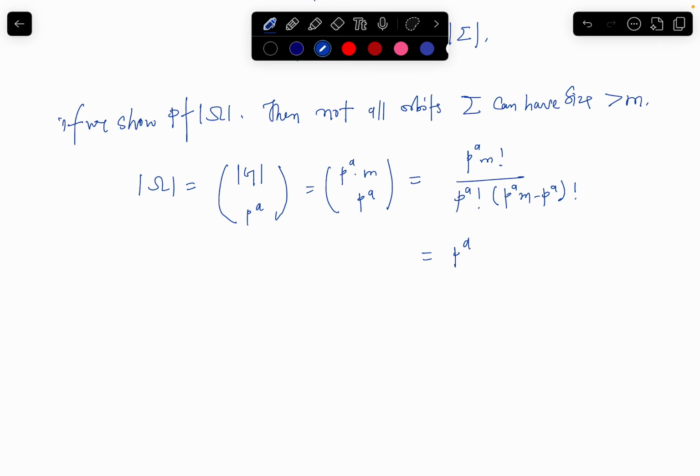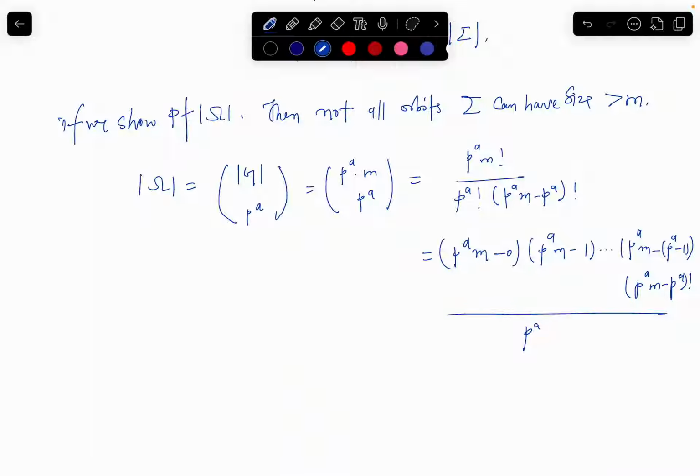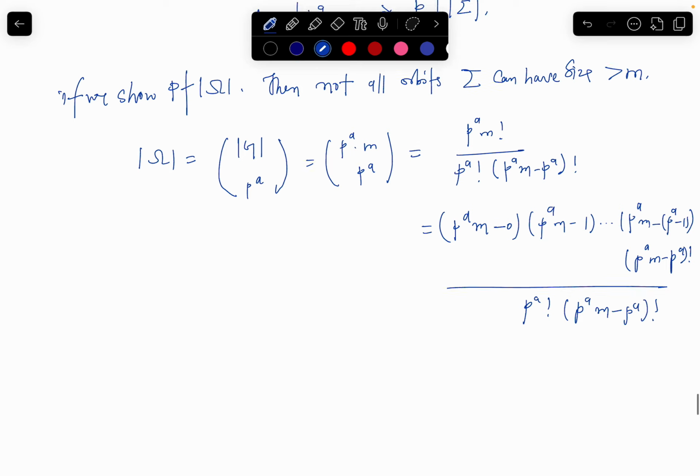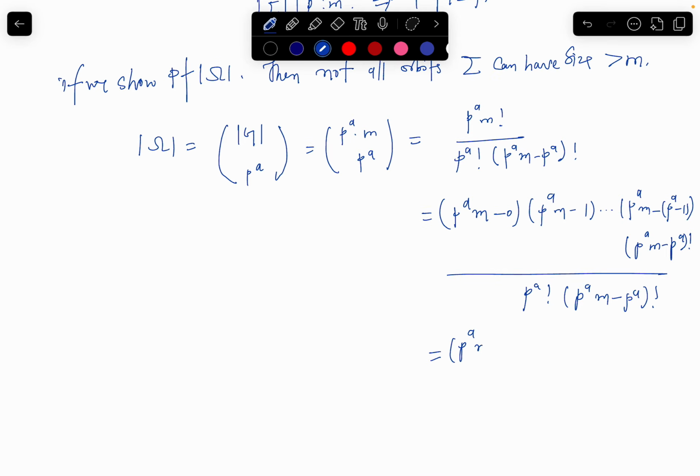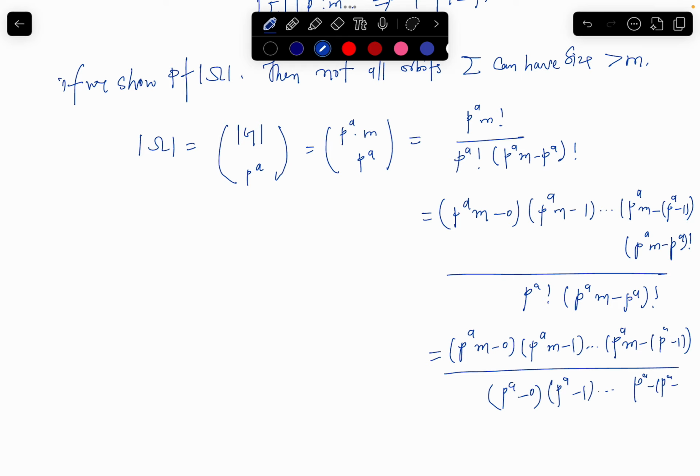So this is p power a m, p power a m minus 1, all the way up to p power a m minus (p power a minus 1), divided by p power a, p power a minus 1, all the way to p power a minus (p power a minus 1).